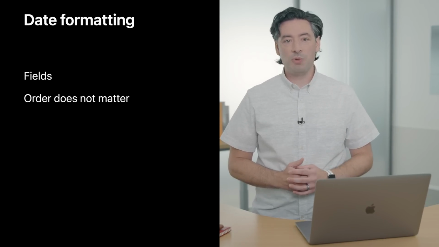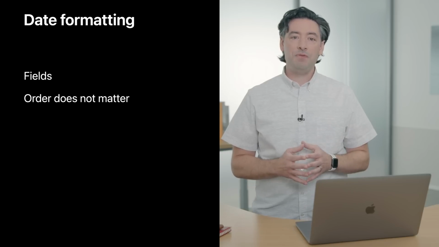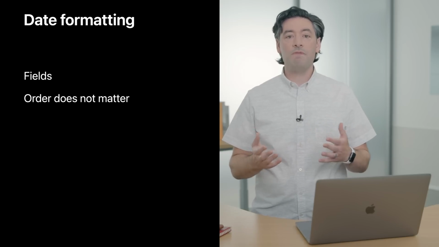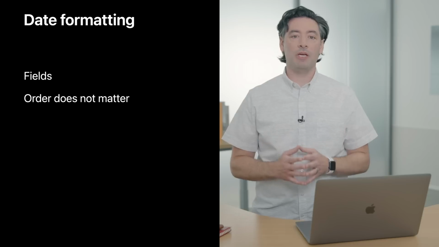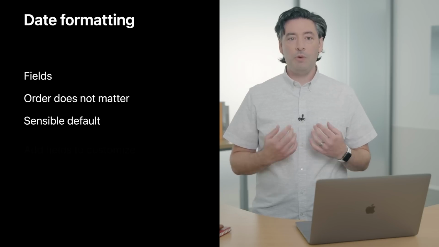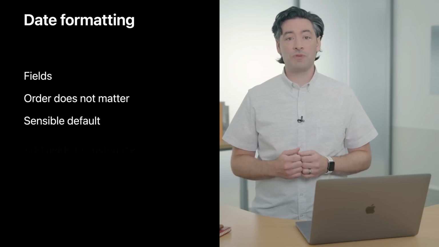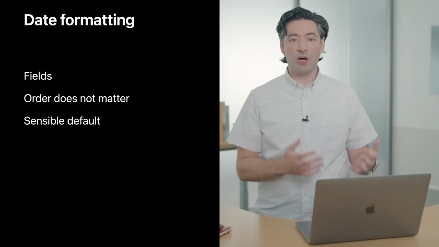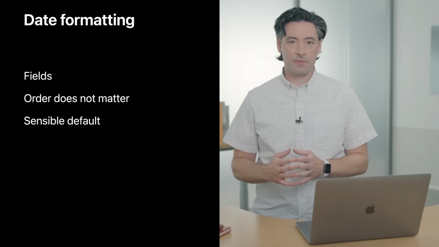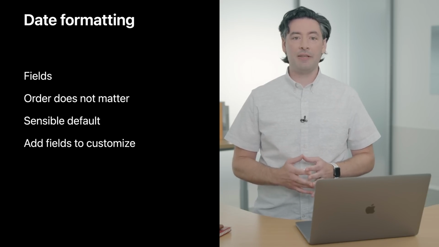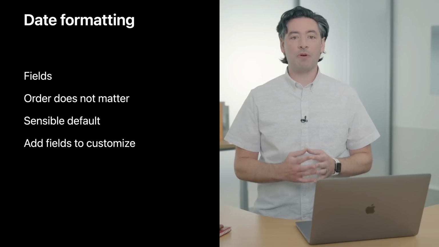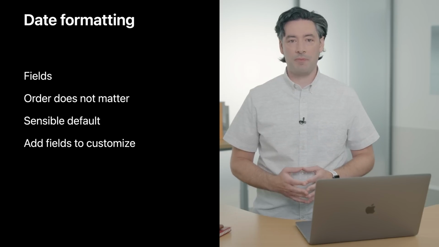The order of the fields you provide does not matter. Each field just tells the formatter what values should be included somewhere in the final output. We choose a sensible default for the shortest versions of the API, those with no arguments or just a style name. Once you begin adding fields to that, the output becomes customized and reflects only what you choose to display, somewhat like placeholder text in your UI.